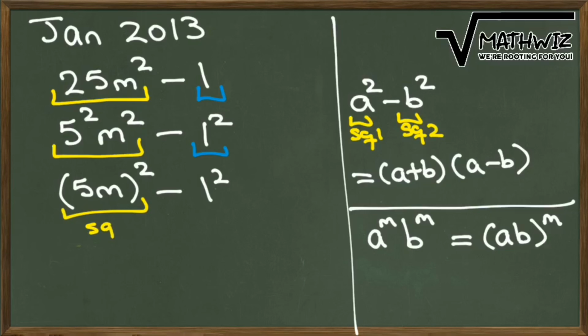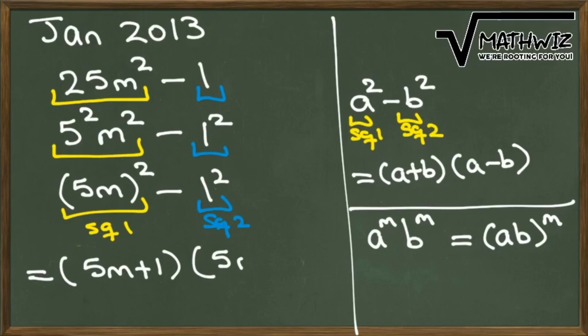So now I have square 1 minus square 2, right? And we can clearly see that a is 5m and b is 1, so this is going to become 5m plus 1, 5m minus 1. All right, so we have a squared minus b squared becomes a plus b, a minus b.